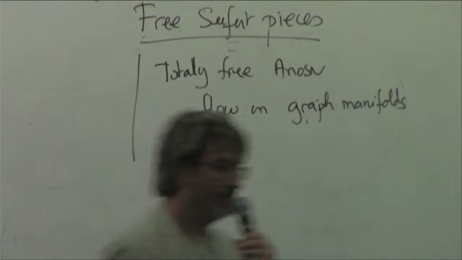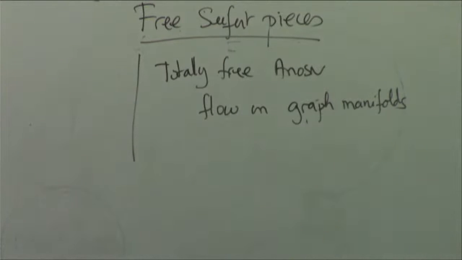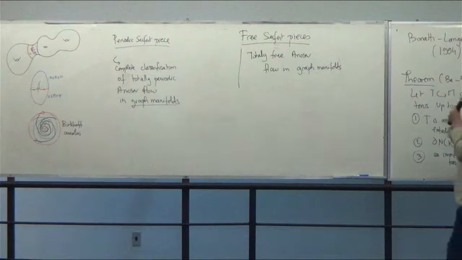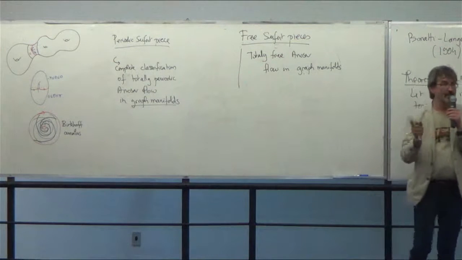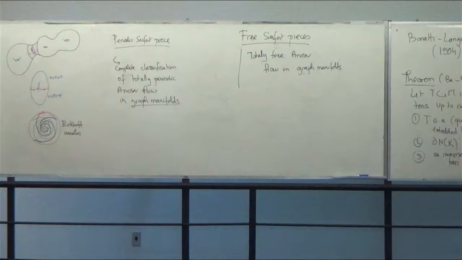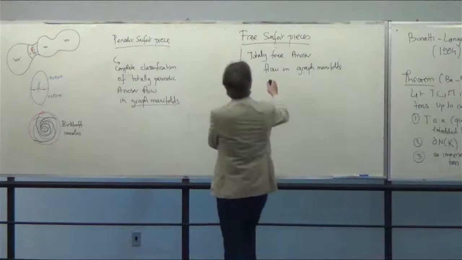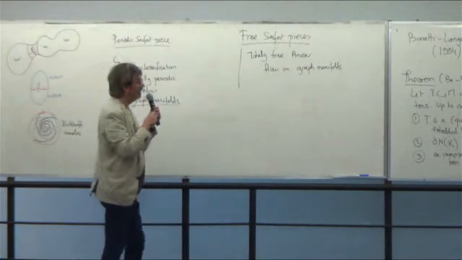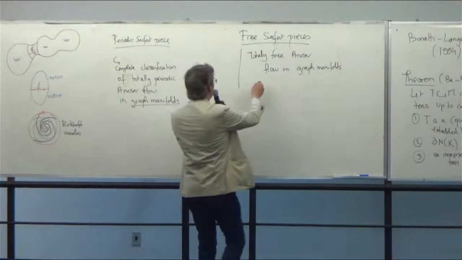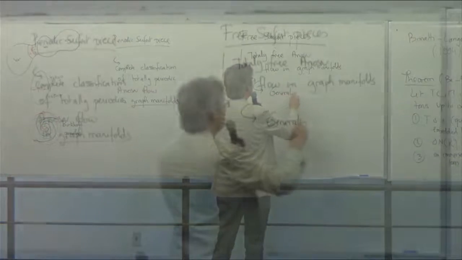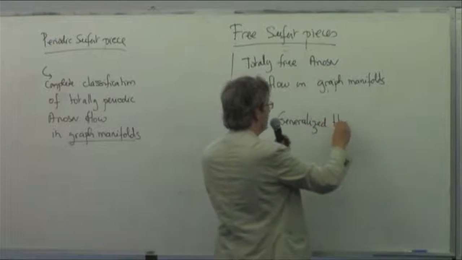So once again, I assume that I have a graph manifold, and all pieces are free. Of course, there are mixed cases. We have examples where you may have pieces which are free next to periodic. But in the case it is totally free, then our theory allows us to prove that all of them are generalized Handel-Thurston.